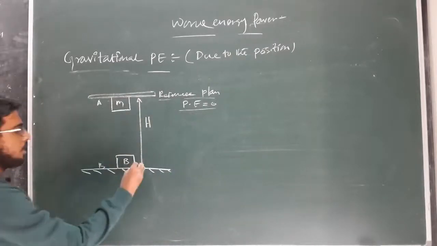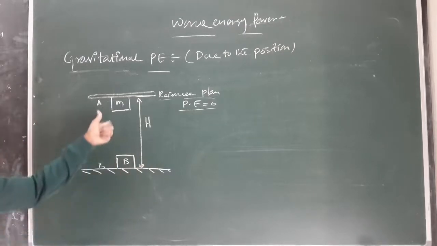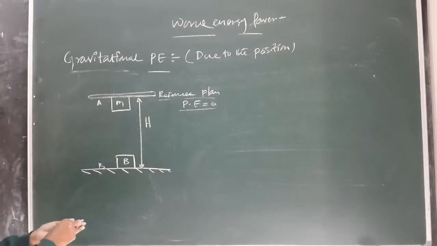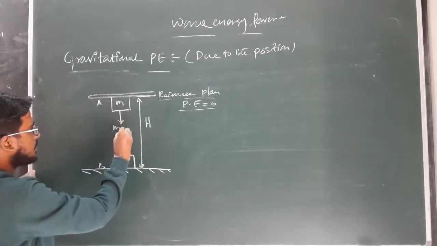Then what will be the value of potential energy at the bottom of the ground when the block is dropped to this point? So in this case, the weight of the block is acting downward, gravitational force mg.